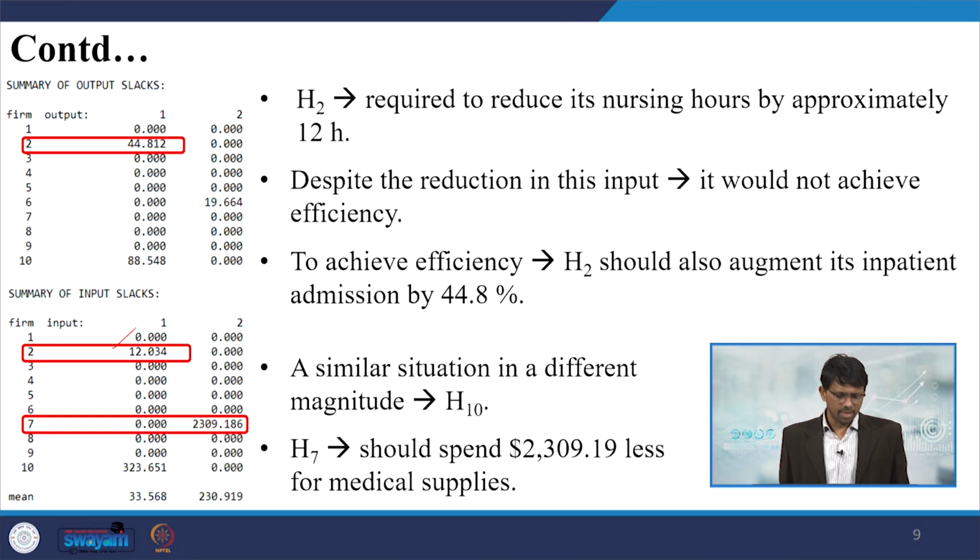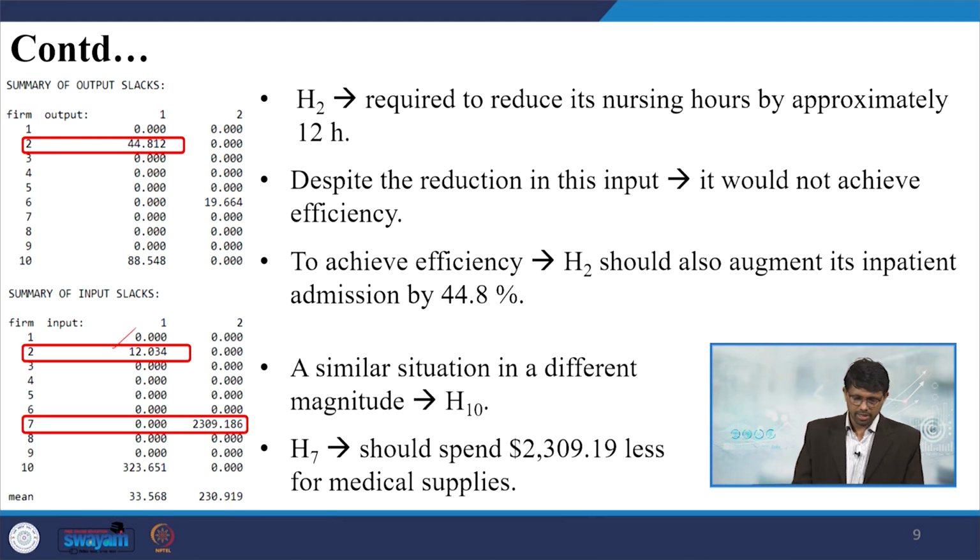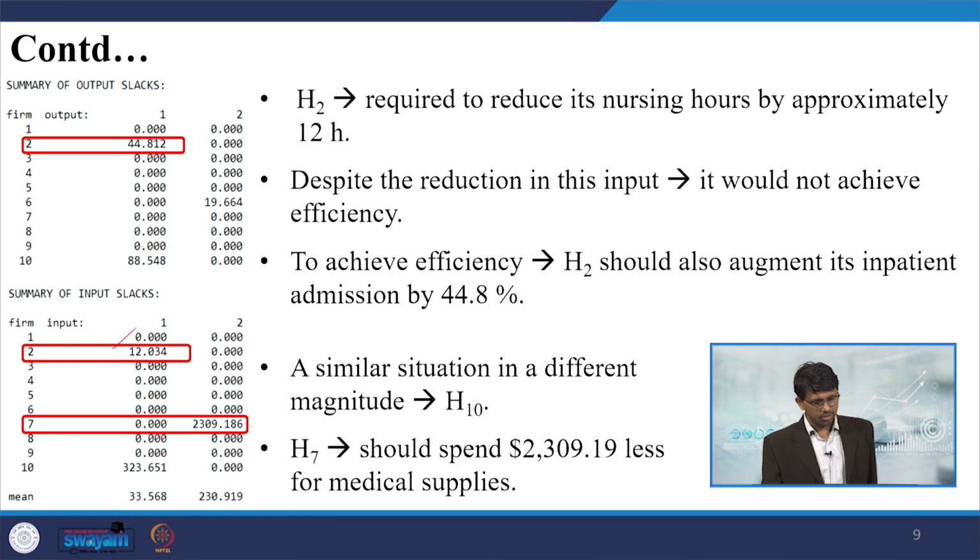Similarly, a similar situation we can explain for H6, and a similar situation with a different magnitude is given in H10, which we can explain as well. In the case of H7 you can see 0, I mean input reduction is not required, is it?